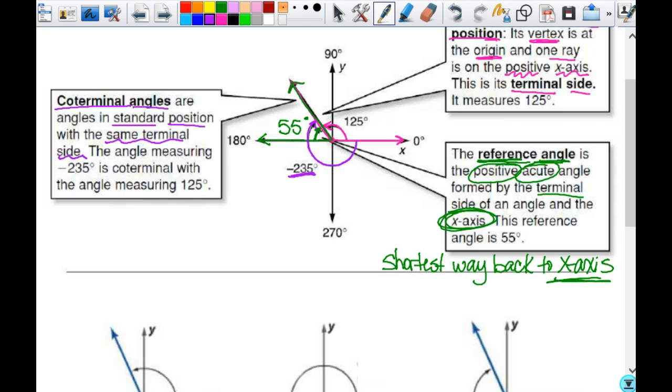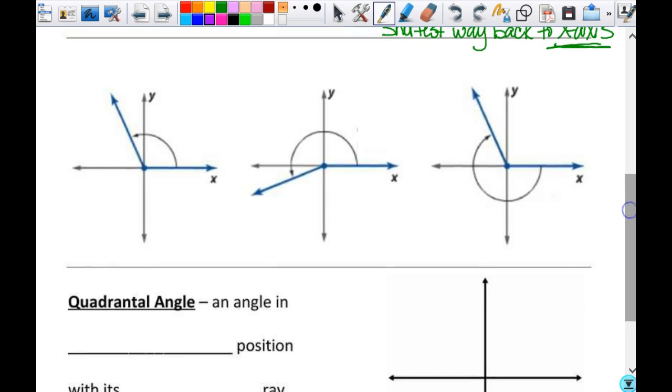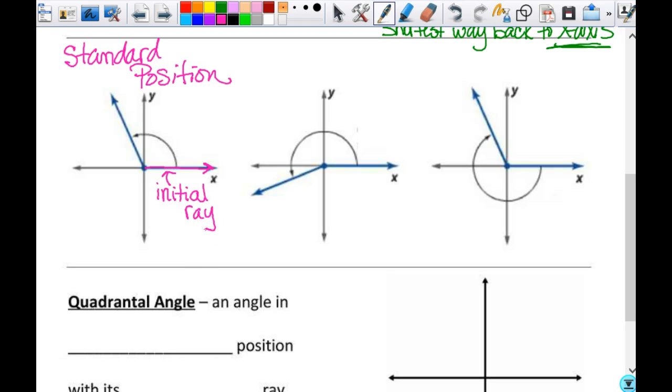So let's look at these three pictures here. I'm going to make you write this one again. This is in standard position. So this right here is the initial ray, or initial side.